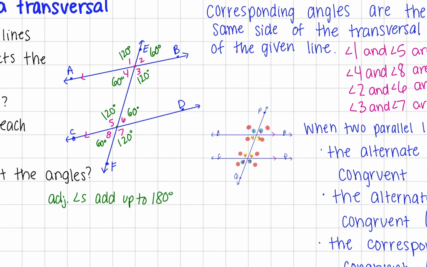Okay? So the alternate interior are congruent, the alternate exterior are congruent, and the corresponding angles are congruent.